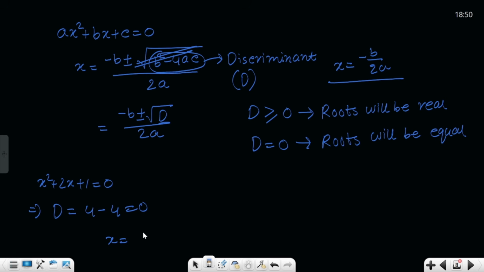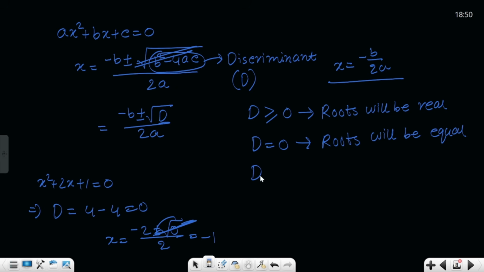The roots will be minus 2 plus minus root d, this is 0, by 2. Now this part will vanish and minus 1 will be left. So the two roots of this equation are minus 1 and minus 1. That means they are equal. So if d is equal to 0, then roots will be equal to each other.